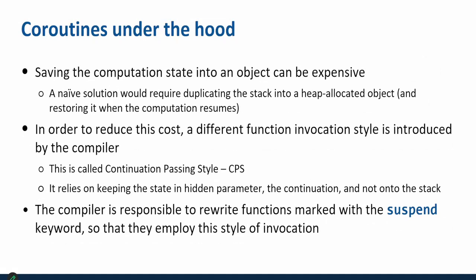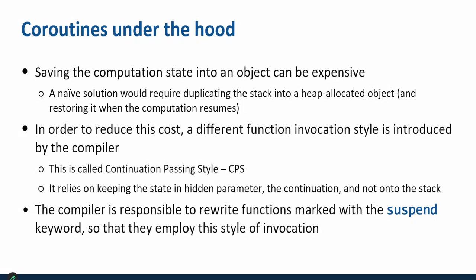You may remember that when you create a thread, you have a lot of stuff that moves between the stack and the heap. A naive solution to preserve the state of the execution, which also means the local variables and the address, the line of code at which you have to resume your execution, should also be somewhere.